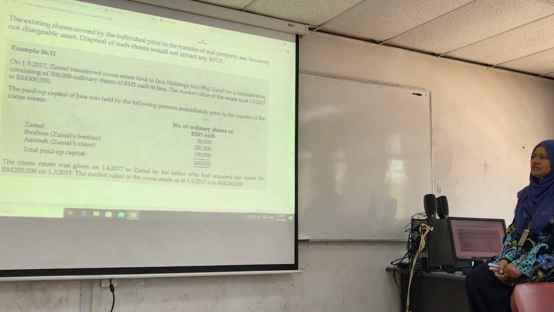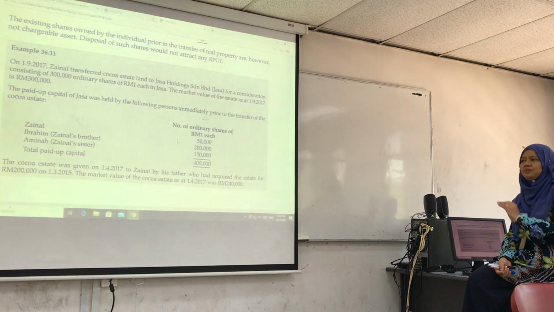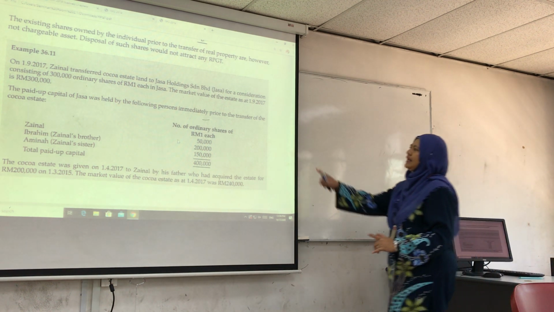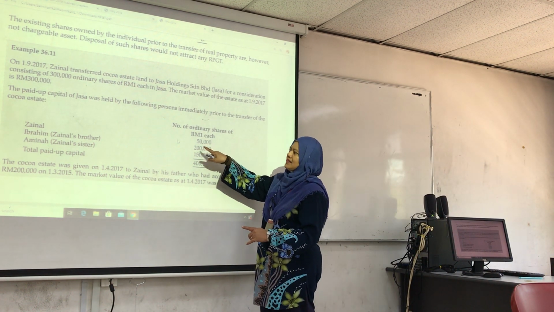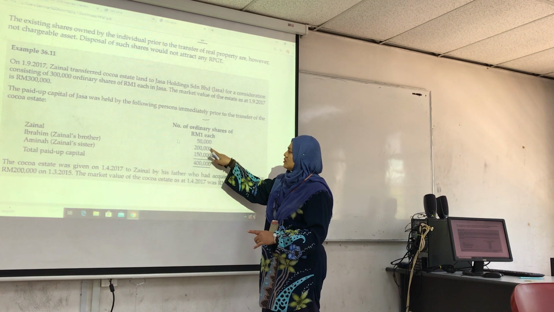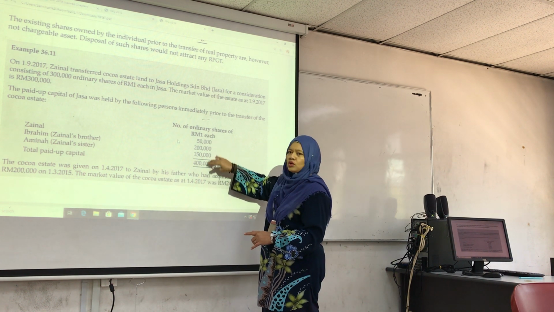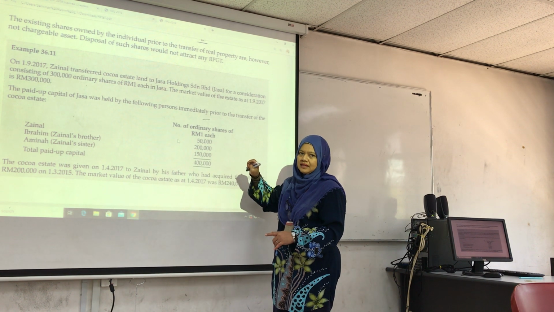The paid-up capital of Jasa was held by the following persons immediately prior to the transfer. So before the transfer, these are the shares. Zainal already has shares of 50,000, and then Zainal's brother and sister have a total of 400,000. In this case, of course, Zainal does not control, but the family or relatives control the company.